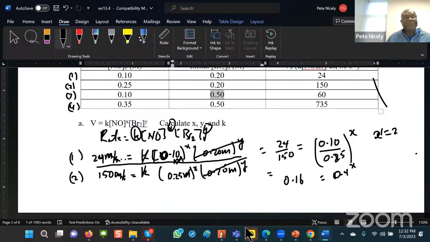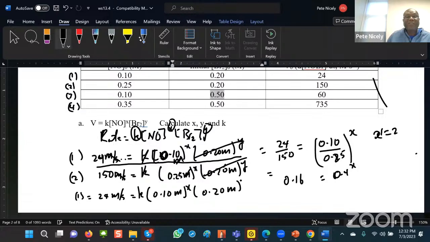For 1, it's going to be 24 M/s is equal to k times 0.10 M raised to the x times 0.20 M raised to the y.